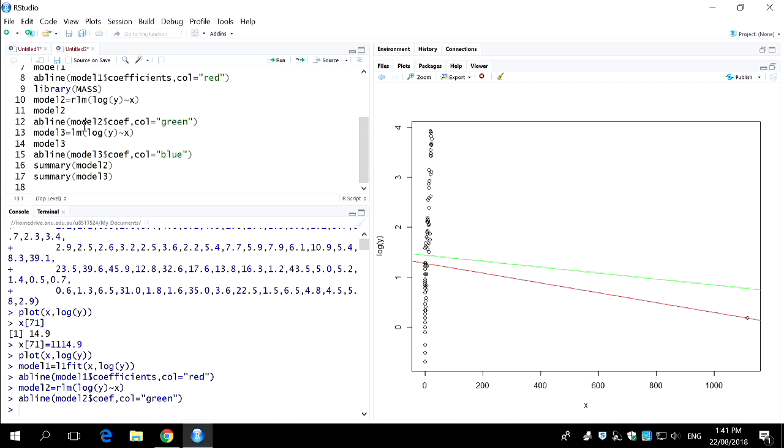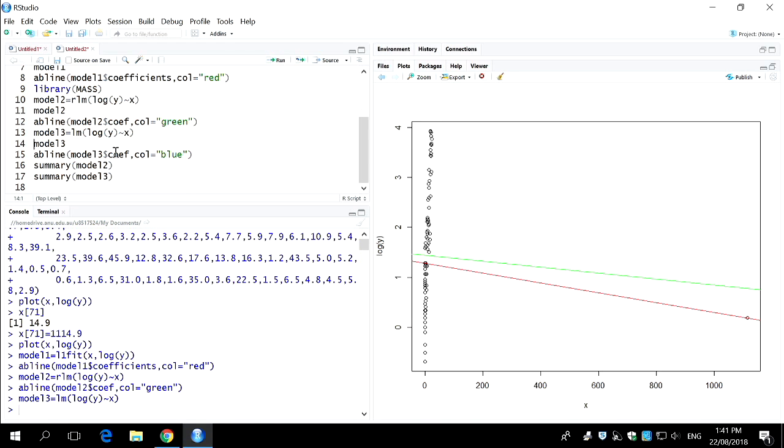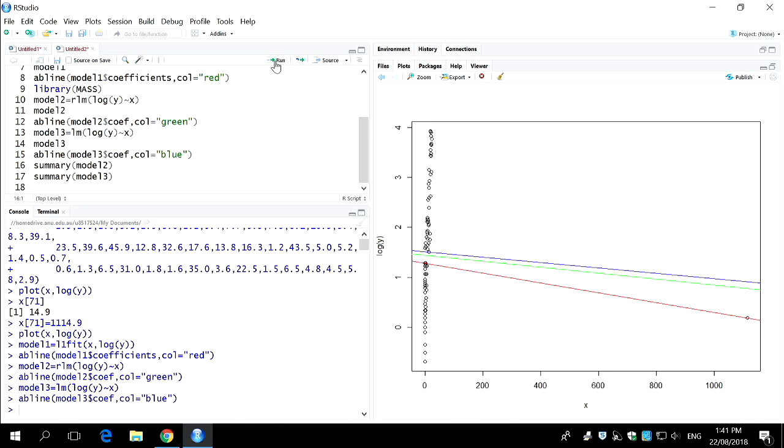And Model 3 does that. Okay, so this is an example of what's called leverage. Okay, let me tell you why it happens. I made this a really extreme case.